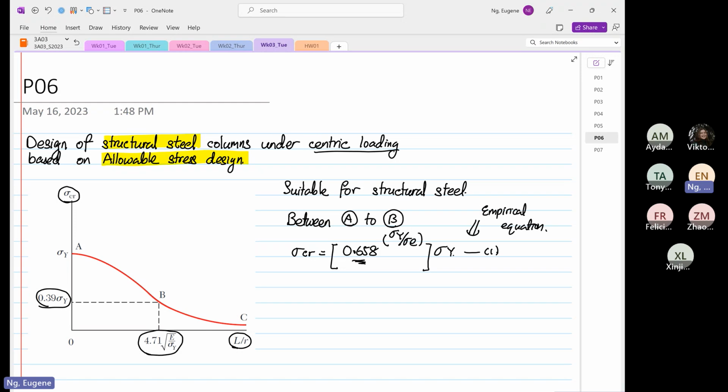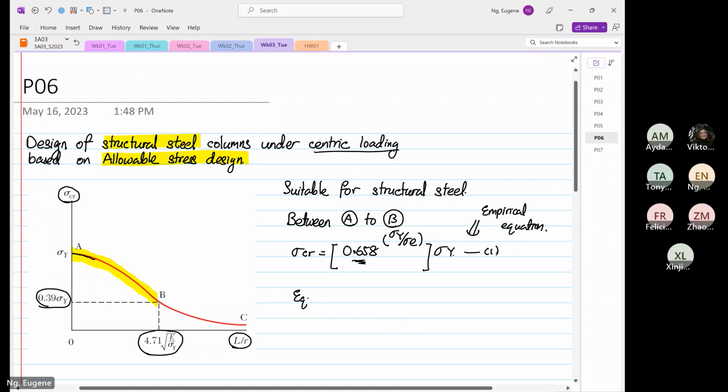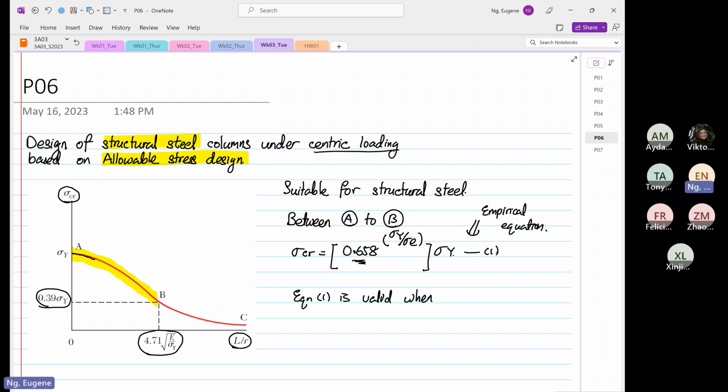If you were to plot this equation on Excel, you will get a graph that is valid from A to B. Equation number 1 is valid when LE over R, or L over R, is less than 4.71 square root of Young's modulus divided by stress Y.